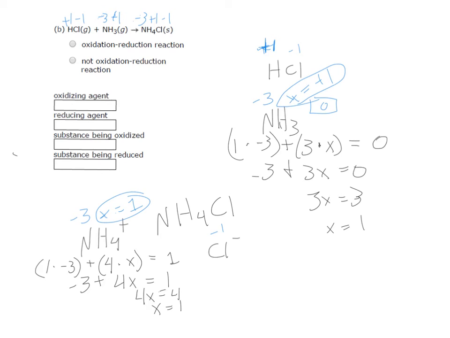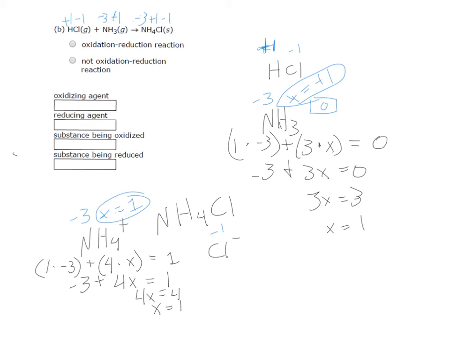Next element, chlorine. Within hydrochloric acid, chlorine has a -1 oxidation state. On the right side of the equation, within ammonium chloride, chlorine has a -1. Exactly the same. -1, -1. There's no change, and therefore chlorine was neither oxidized nor reduced.